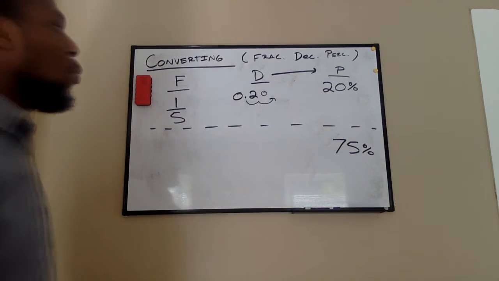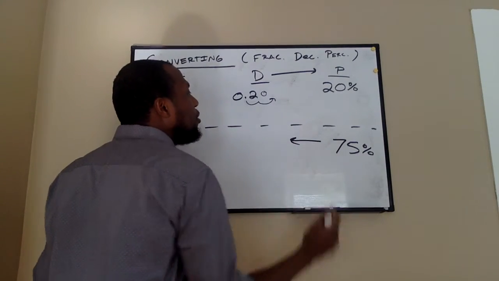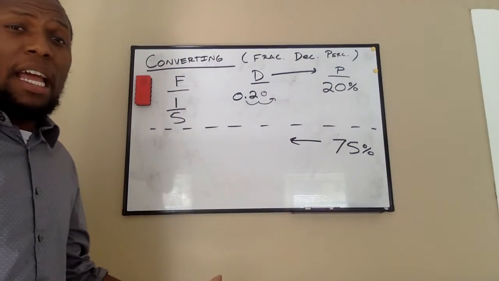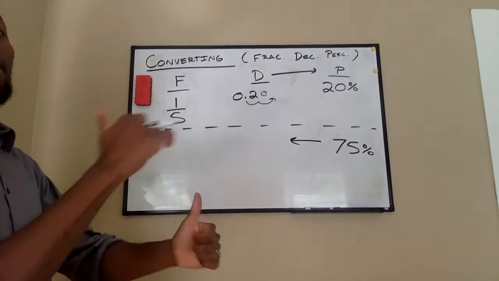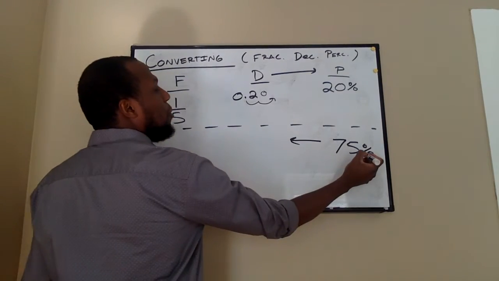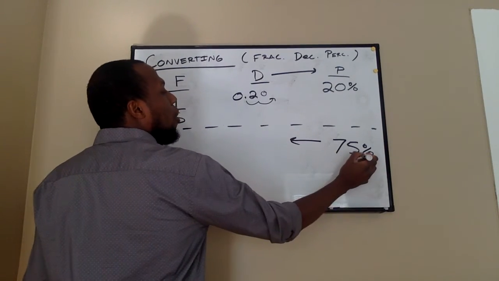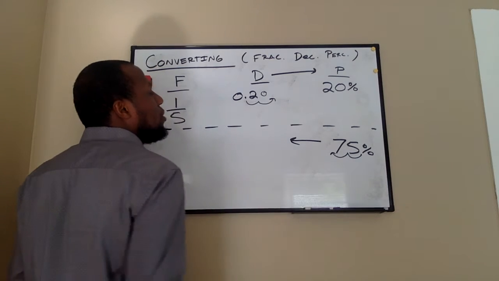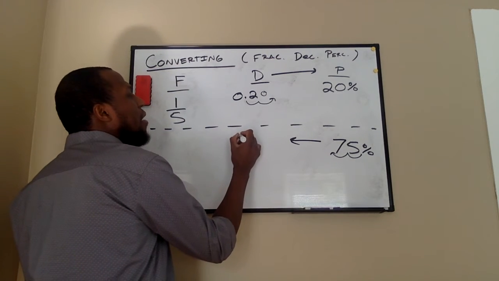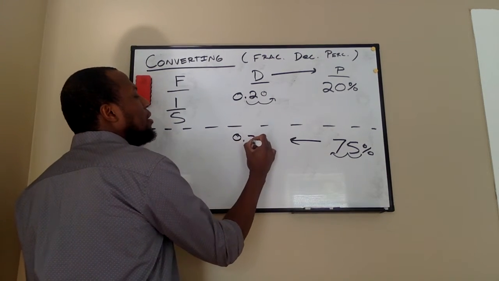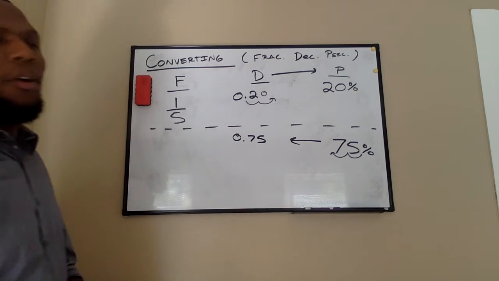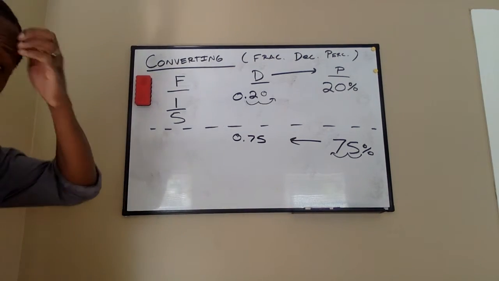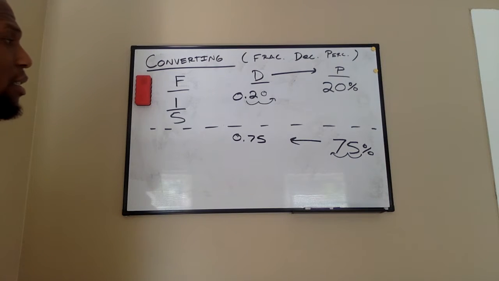When we are going in the other direction, you guessed it, we're going to move it 2 to the left. So our decimal place is here in the percentage. We go 2 to the left, and then we have our decimal right away, 0.75. We don't need to immediately jump to the fraction. We can do what is easiest for us at the beginning.